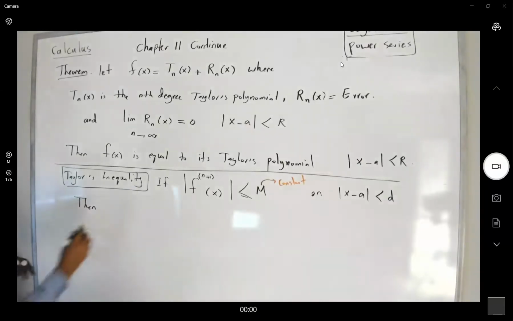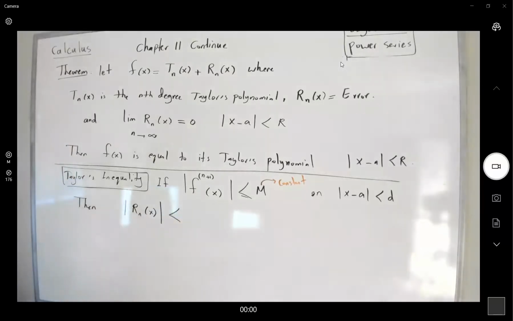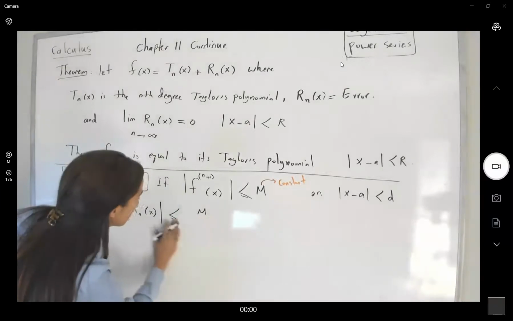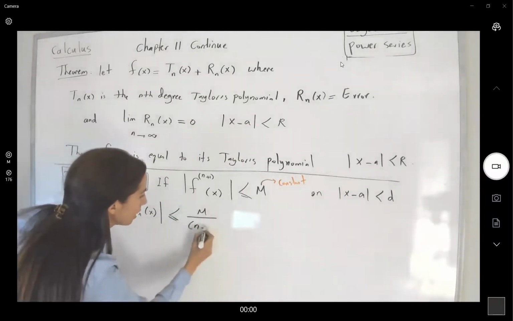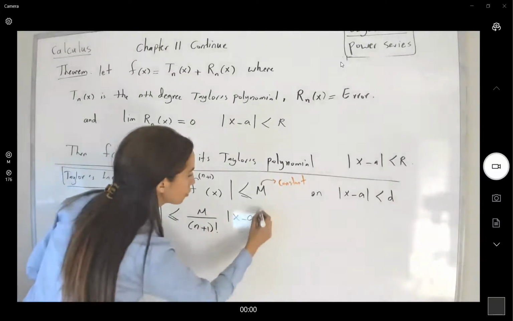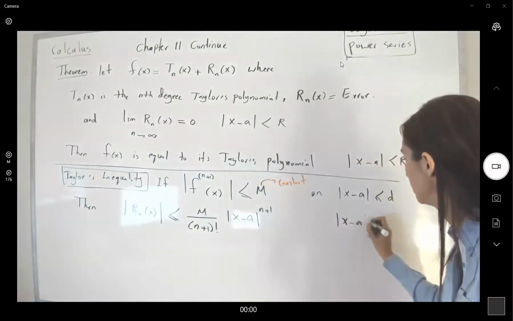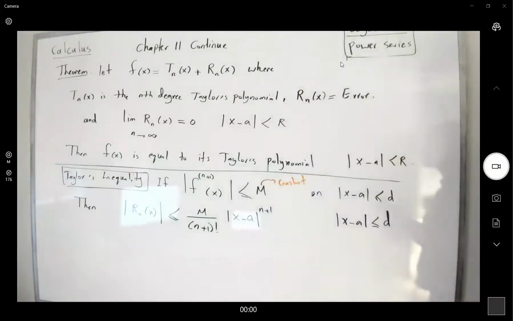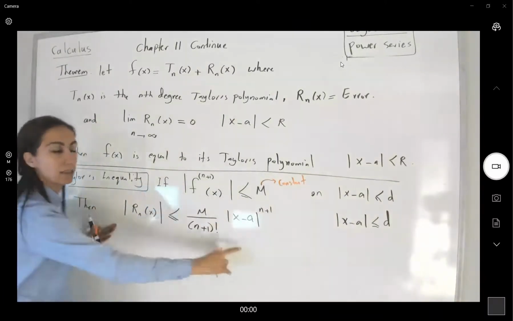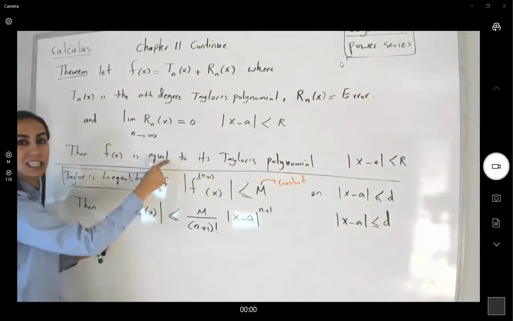Then for sure you can say that the absolute value of the error is less than or equal to M over n plus 1 factorial times |x minus a| to the power n plus 1, over |x minus a| less than or equal to D. When you have this, you can take the limit of both sides and show that the limit is equal to 0, then you have this conclusion.